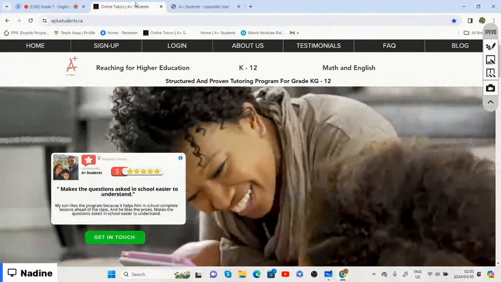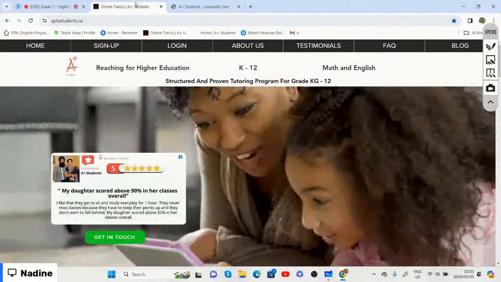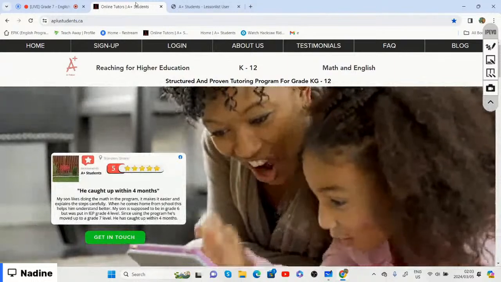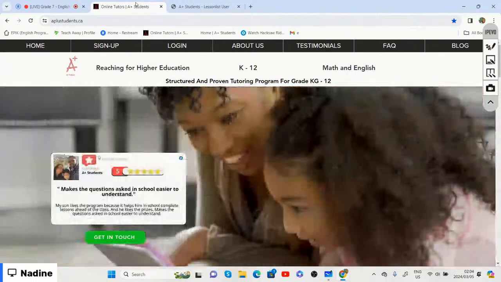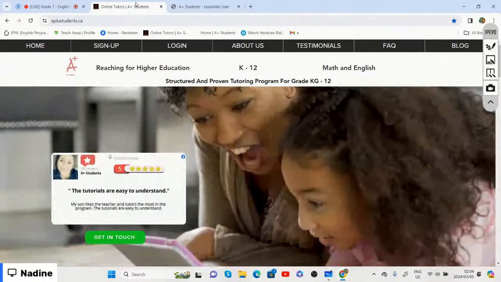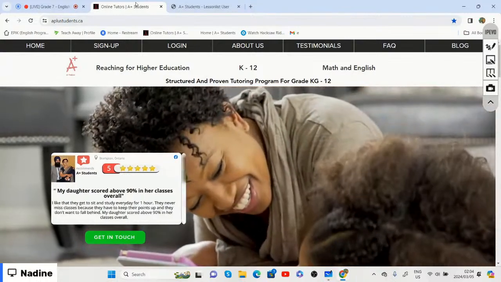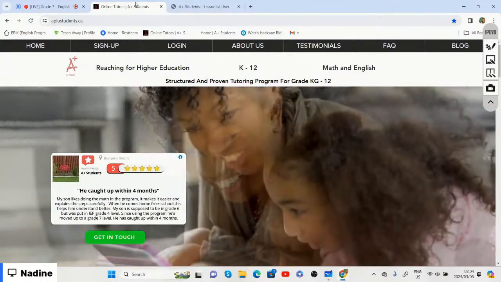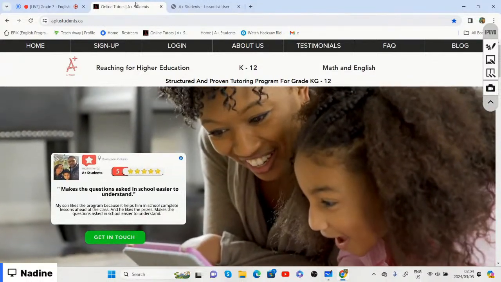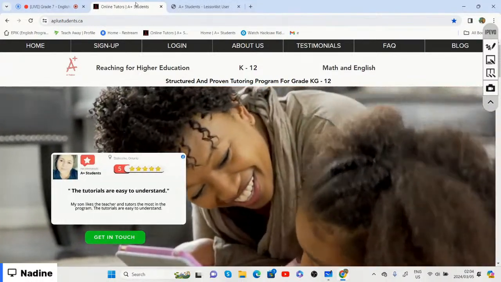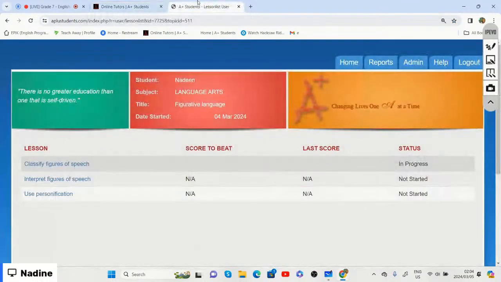Once we've logged on with our username as well as our password, we're going to select the subject of language arts, grade 7, and then scroll down until we get to the chapter of figure of speech.